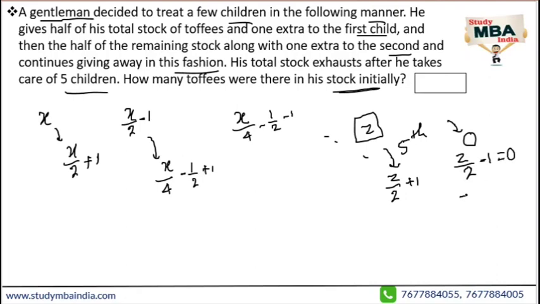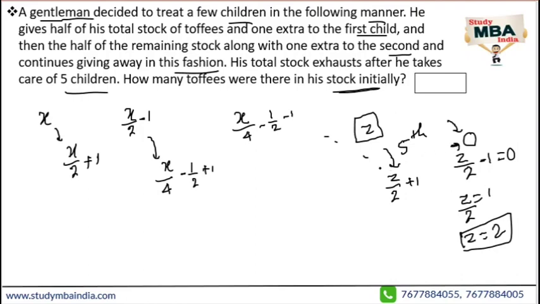So z/2 is equal to 1, or z is equal to 2. Before giving to the fifth child, he had two toffees. He gives half, which is 1, and is left with 1, and that 1 also he has to give, because the fashion is half plus 1. Half of 2 is 1, plus 1 is 2 itself, so he is left with 0.